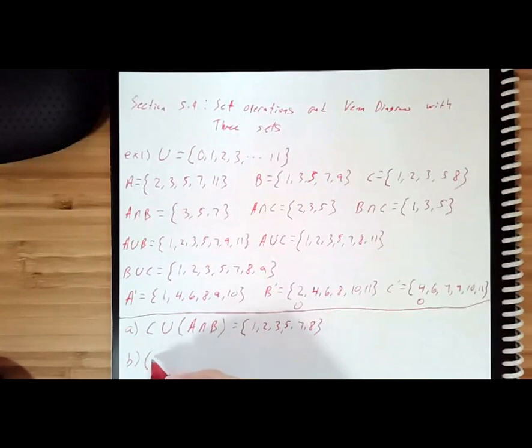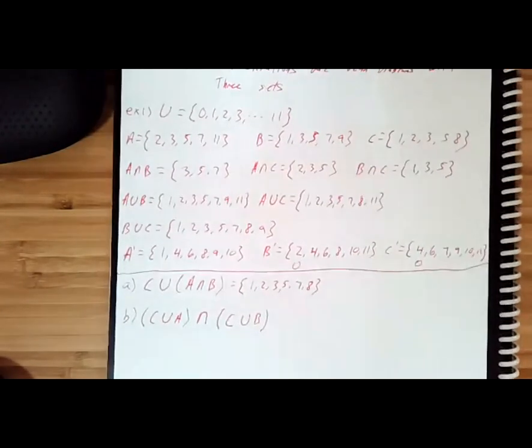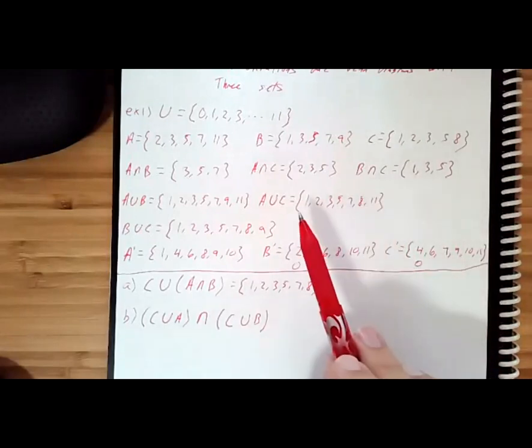Part B, C union A intersecting C union B. So C union A is right here, right?